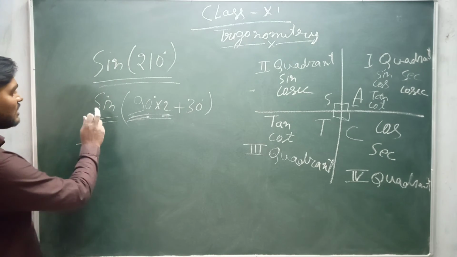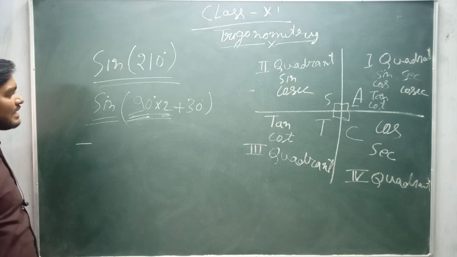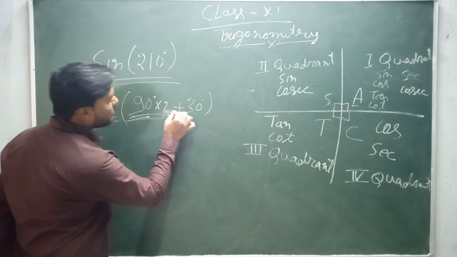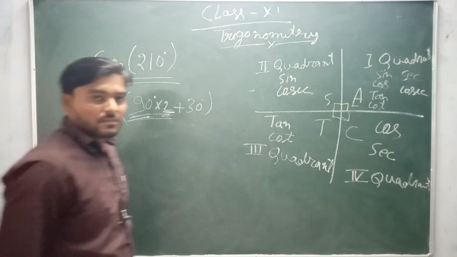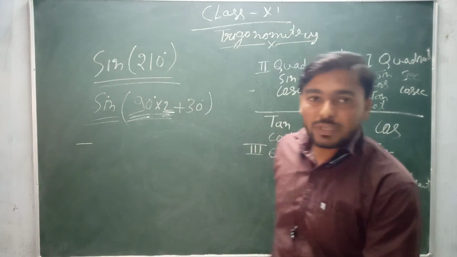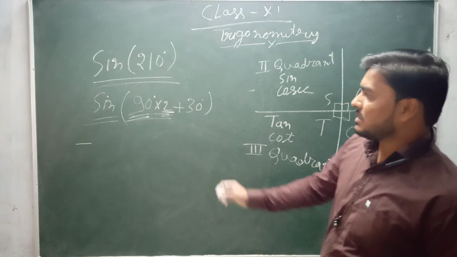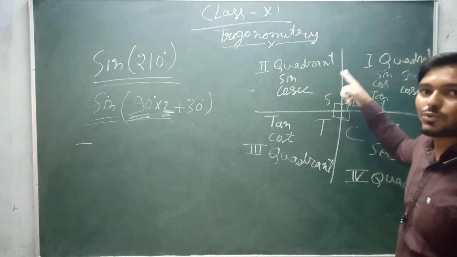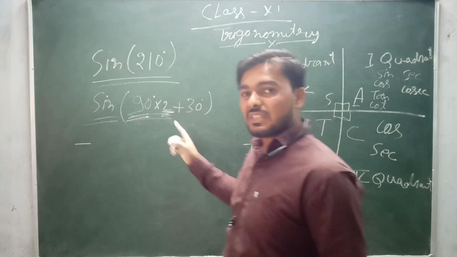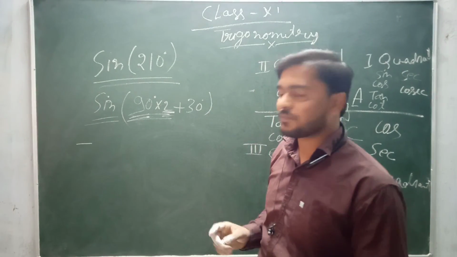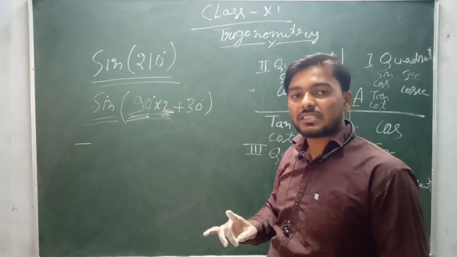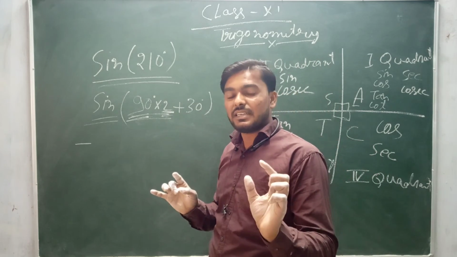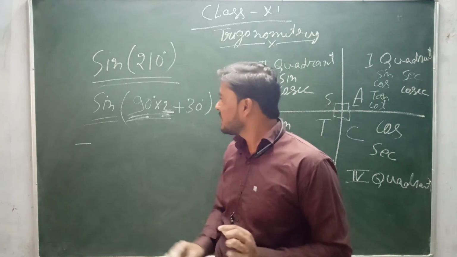Now we will see this sign and we will see this number, which shows the number of quadrants, 2. We have completed two quadrants, this and this, 1 and 2. If this number is even, listen, it's a highlighted word.